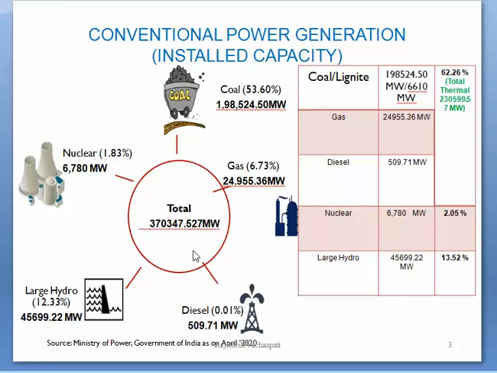The present total power generation is 370 gigawatts, and this data is based on the information available as on April 2020.